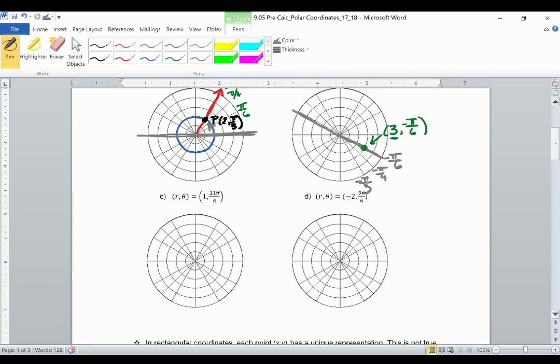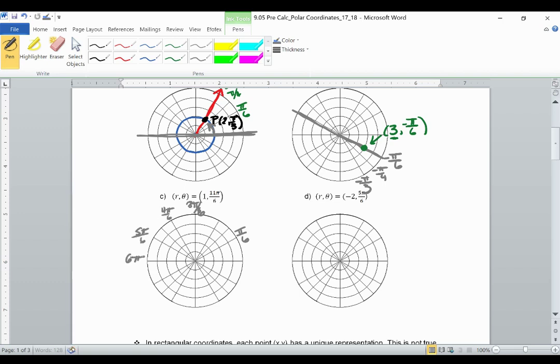All right, so you found 11 pi over 6. So we know this is 1 pi over 6, 2 pi over 6, 3 pi over 6, or 1/2 pi. We've got 4 pi over 6, and this is 5 pi over 6.